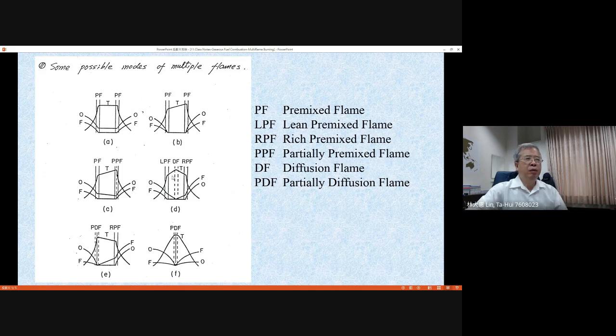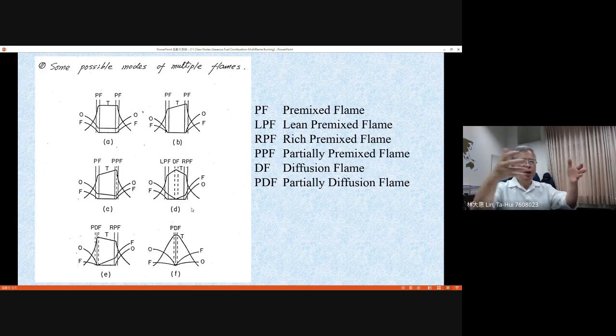And in the middle of the region between the LPF and RPF, they will have the highest temperature. Then you can figure out that the lean premix frame and the rich premix frame are superheated by the diffusion flame in the middle. Okay, this is a very interesting structure.